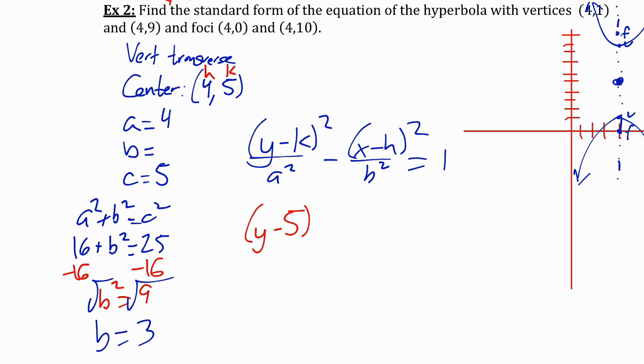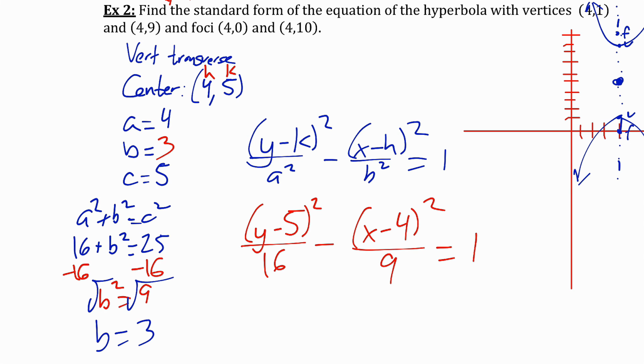Remember, it's the y group here. Our a value is 4, so 4 squared is going to be 16. Minus x minus our h value, which was 4, squared over our b value, which I forgot to write in here, that's 3. So 3 squared giving us 9, all that equal to 1. And that is the equation for our hyperbola.